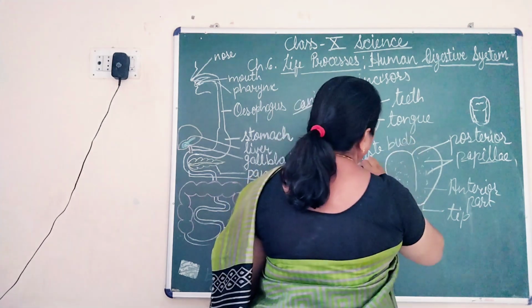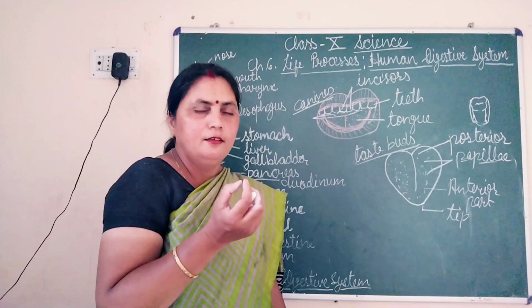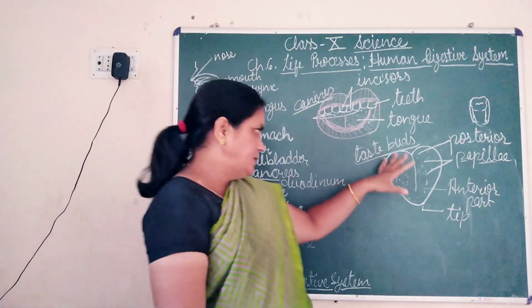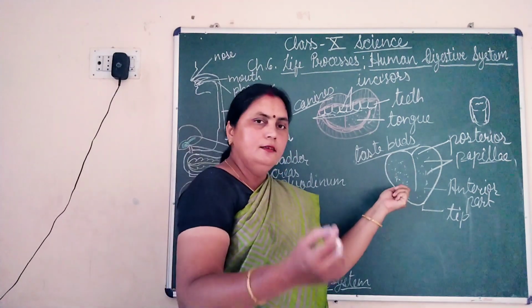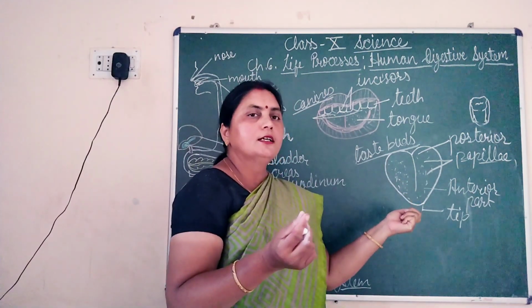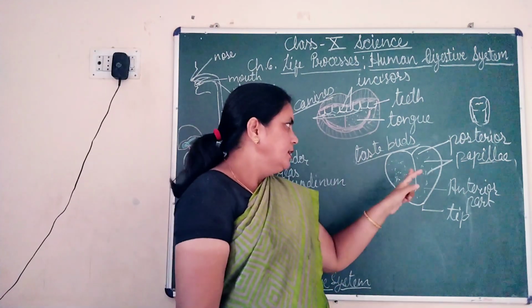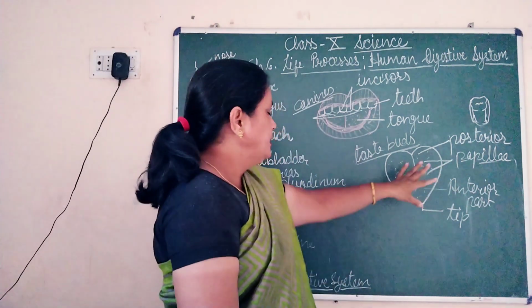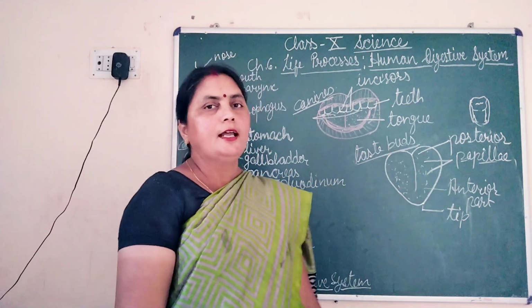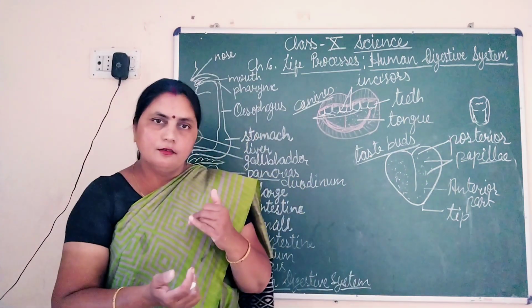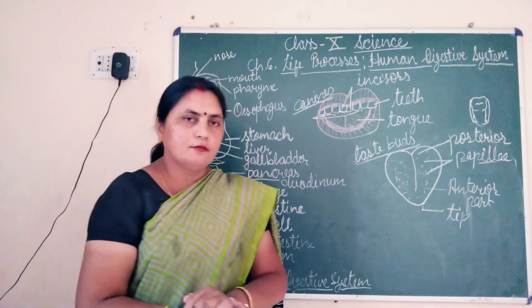The name of these papilla, some structure which rises a little from its bottom. So this is the tongue, and from the floor of the tongue, some small structures rise up in the form of small outgrowths. These are called papillae, and these papillae are named taste buds also because these are responsible for making us know the taste of the food.